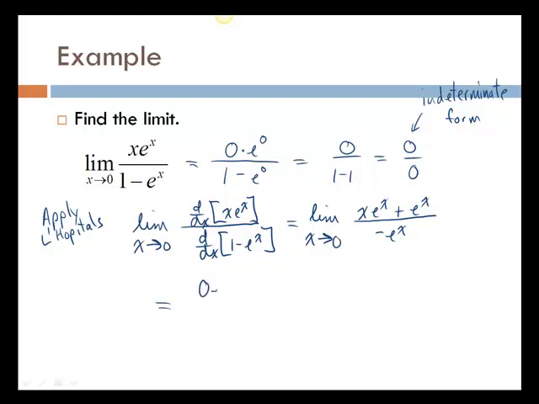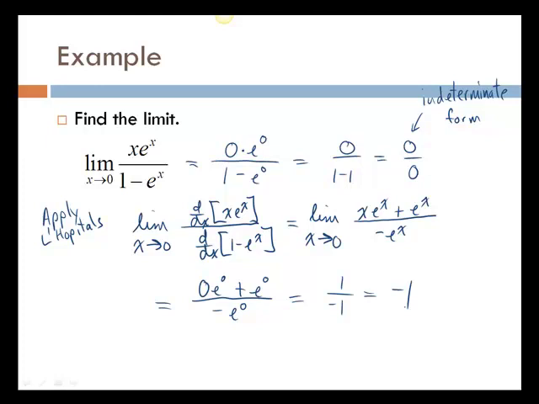So we get 0 times e to the 0, plus e to the 0 all over minus e to the 0. Well, the first term is 0. It's 1 over minus 1, so our limit is negative 1.